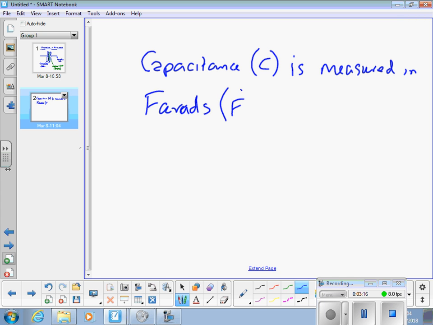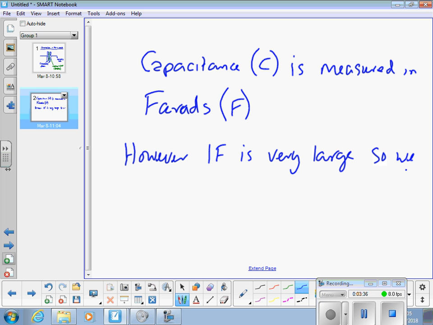Symbol F. 1 farad, however, 1 farad is very large. So we use microfarads.